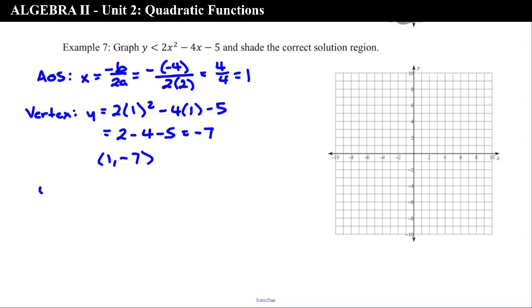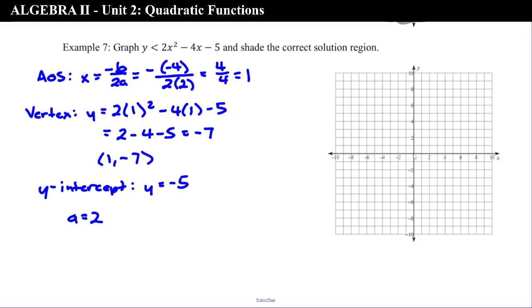Our y-intercept's always easy on a standard form equation because it's just whatever c is. So c is -5, so that's our y-intercept. And then our a out in front is 2. So that means that we're concave up because it's positive, but we're also going to be stretched by a factor of 2.